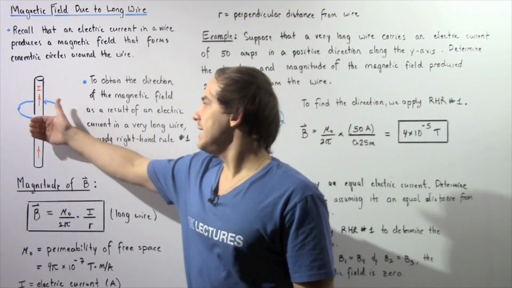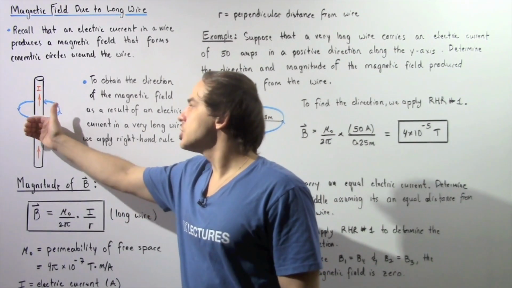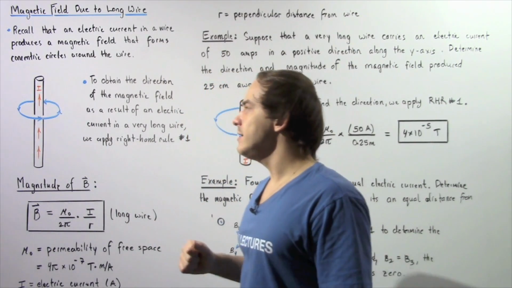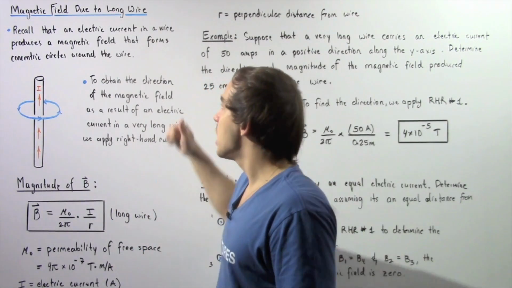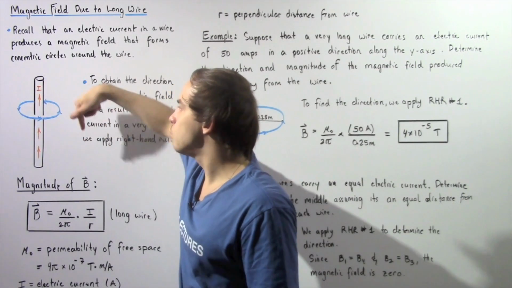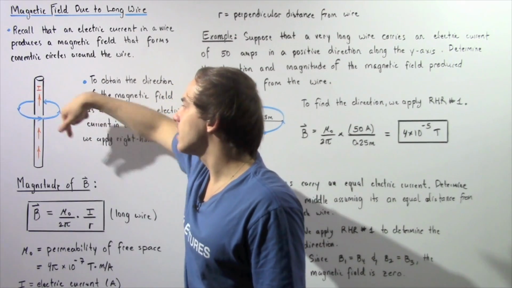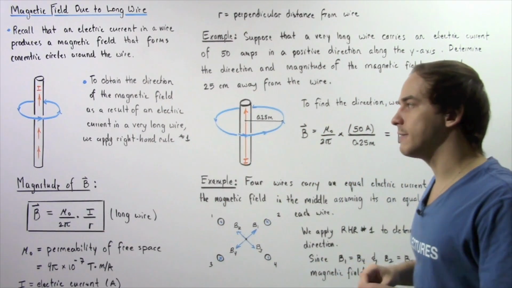So we wrap it in the following general direction. Now the direction of the magnetic field will be in the same direction as our curling fingers. So that means our magnetic field will form concentric circles that will point in a counterclockwise direction. Now that's the direction of the magnetic field.